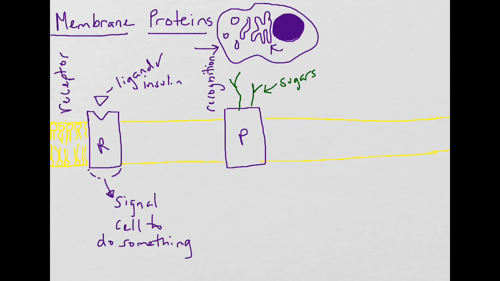This is the protein part, and then the sugars are hanging off like ID tags. Remember, we talked in class about blood typing, and how depending on which sugars are hanging off of the red blood cell tells you whether you are type A, type B, type AB, or type O. And your immune system knows what you are supposed to be.